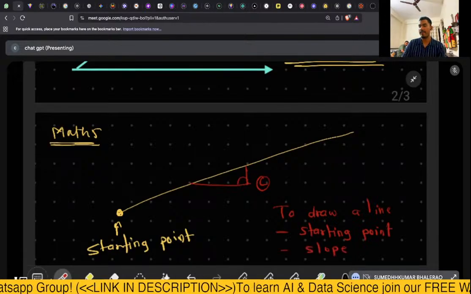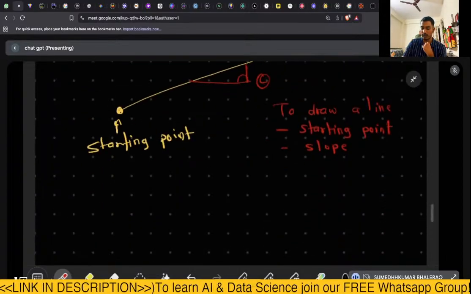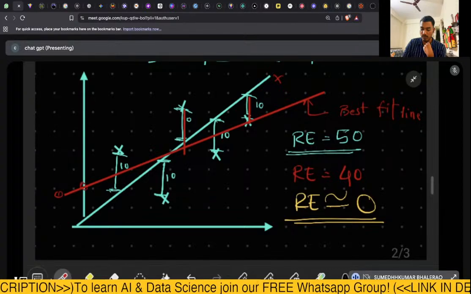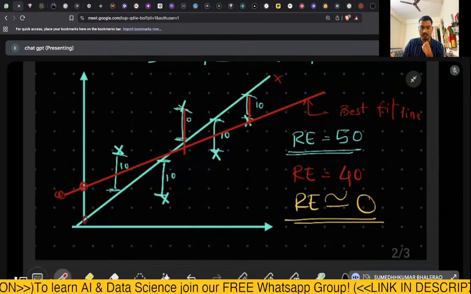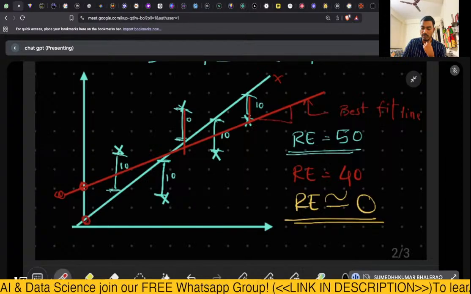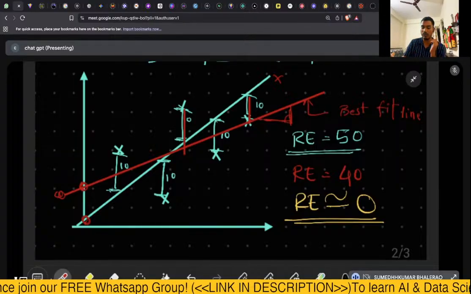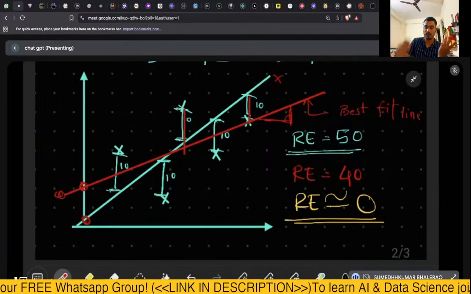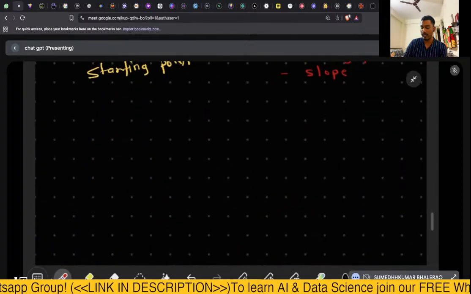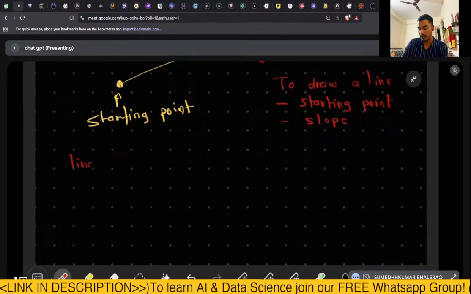You can say this is the starting point, or this is, and we need some slope. If we know these two things, we know what type of line we are drawing, where the line is going. So the line equation is the line equation.